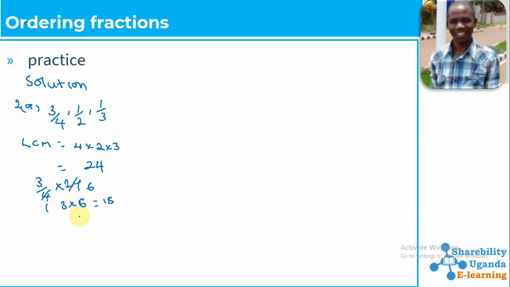Also here we come and say our 1 out of 2 times 24. By 2, 1, by 2, 12. So this simply means we have our 12. Then we also say 1 out of 3 times 24. By 3, 1.